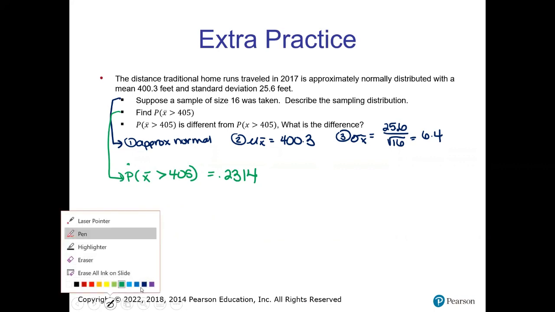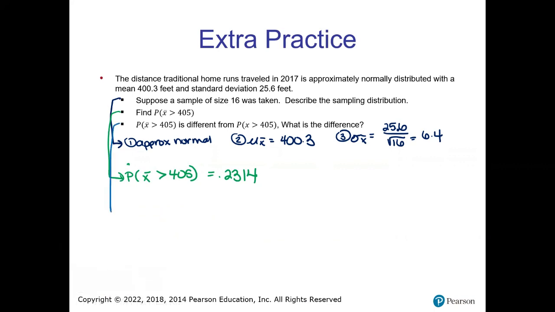All right, so the next one asks about these symbols. The probability that X bar is greater than 405 is different from the probability that X is greater than 405. What is the difference?